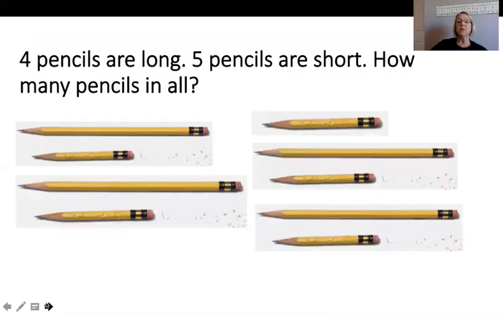All right, here's another example. There are 4 pencils and they are long. There are 5 pencils that are short. How many pencils in all? Well, we can use doubles to figure this out. We can start with the largest addend, 5, and ask what might make a double plus 1 to be able to add this.